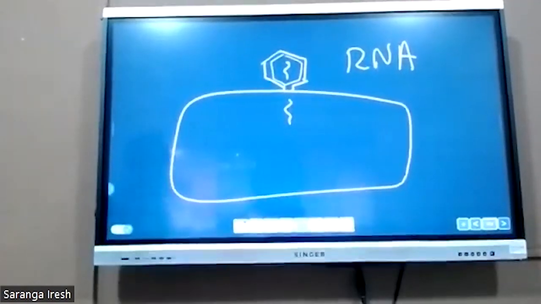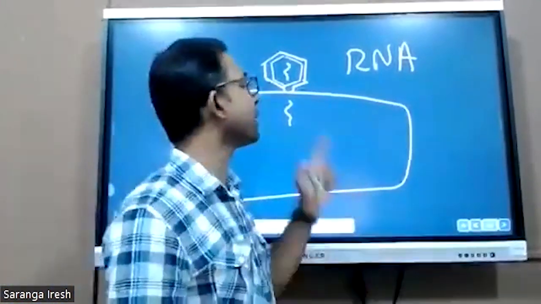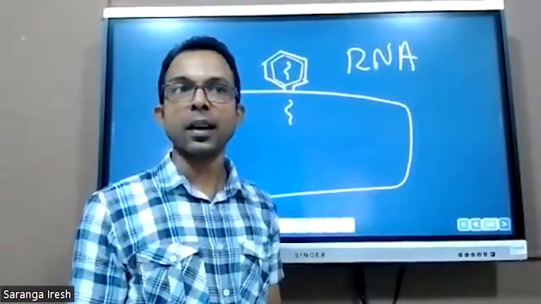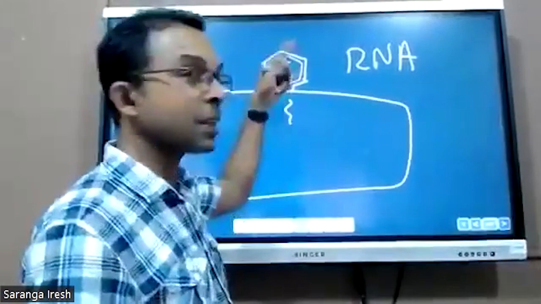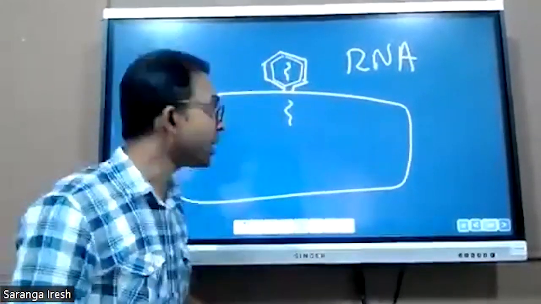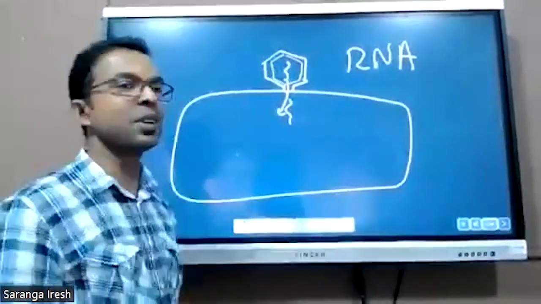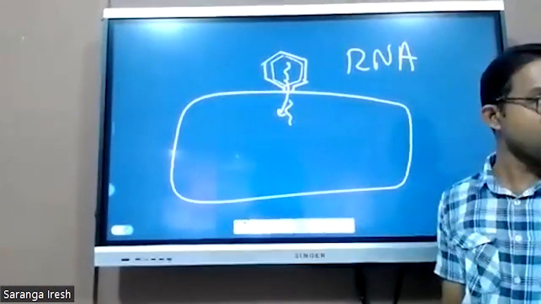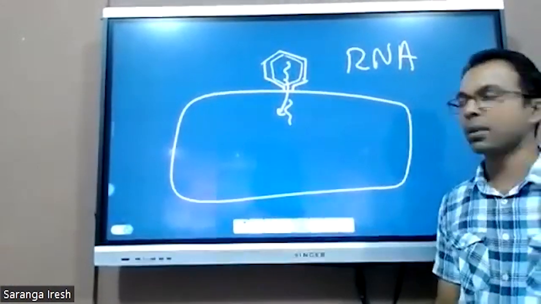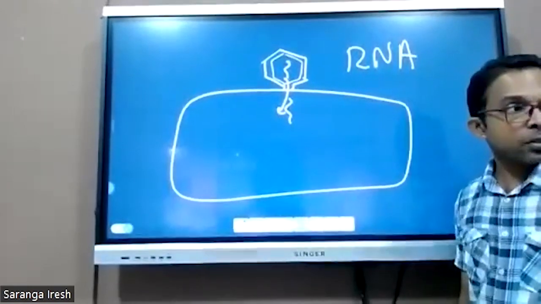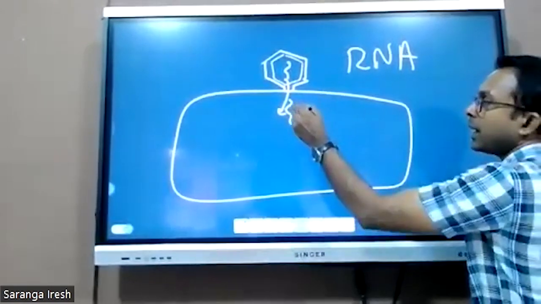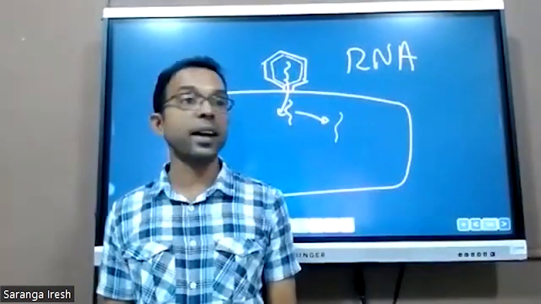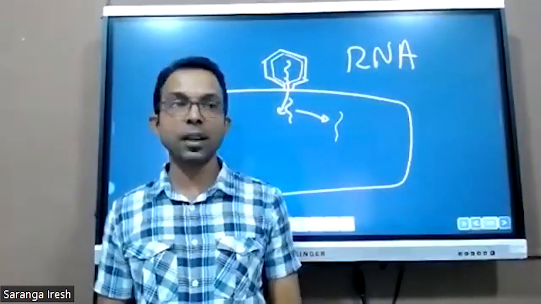When the virus contacts the cell, it releases this RNA into the cell. And I said that they have some enzymes. They release those enzymes into the cell also. An example is an enzyme called reverse transcriptase. Using that enzyme, this RNA is converted into a single-stranded DNA molecule.